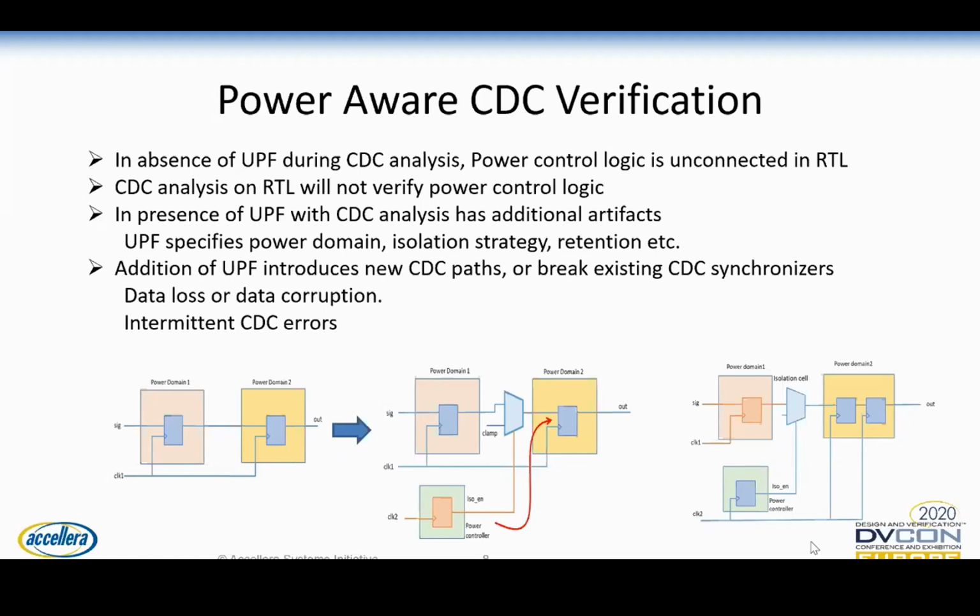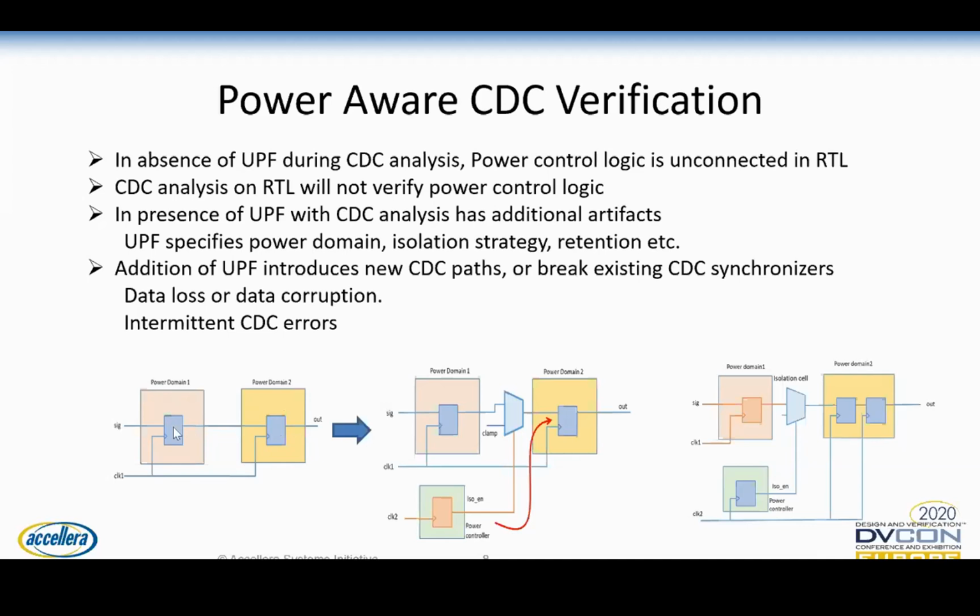And this UPF aware CDC brings new artifacts, like power domains are added, the isolation strategies are added, the retention strategies are added, right? Once these strategies are in place, new CDC paths get created. For example, if you see the first picture, power domain 1 to power domain 2, there was no synchronizer and there's a single path.